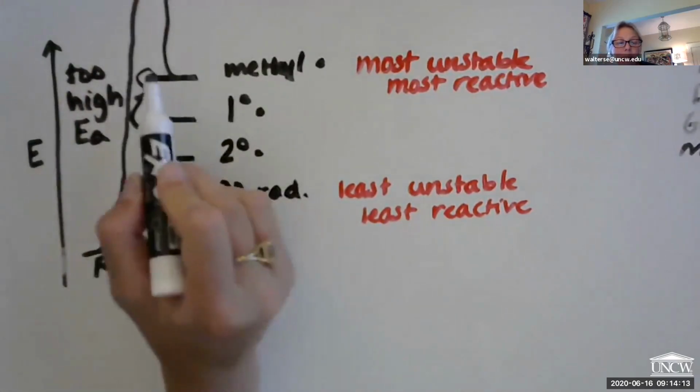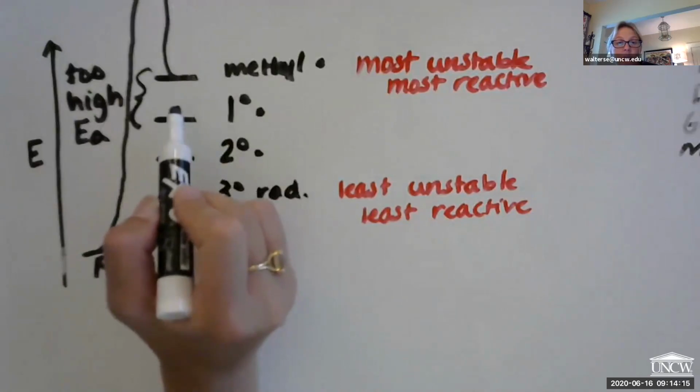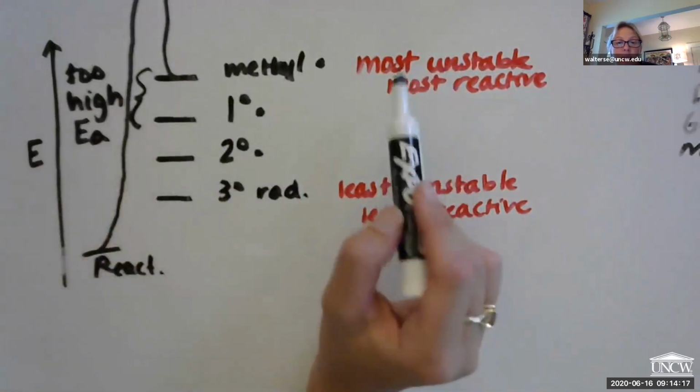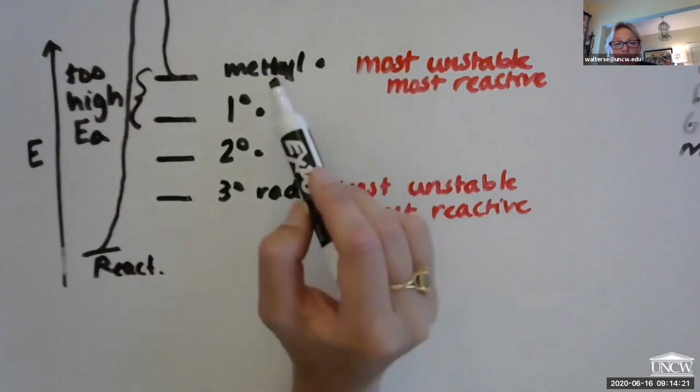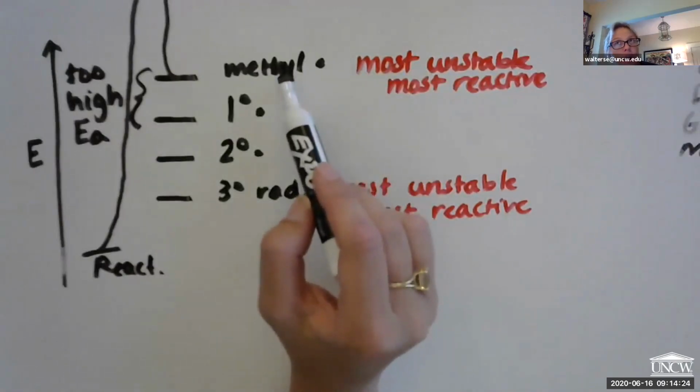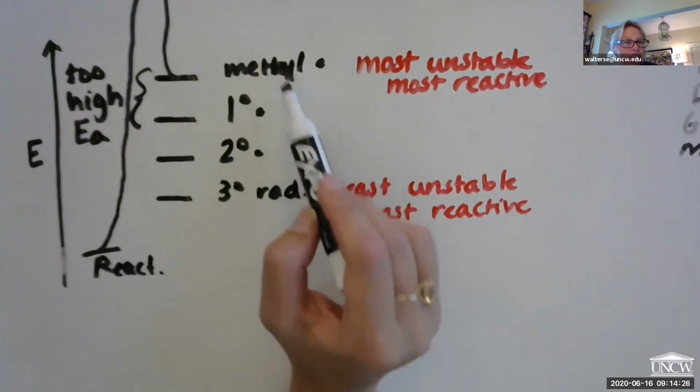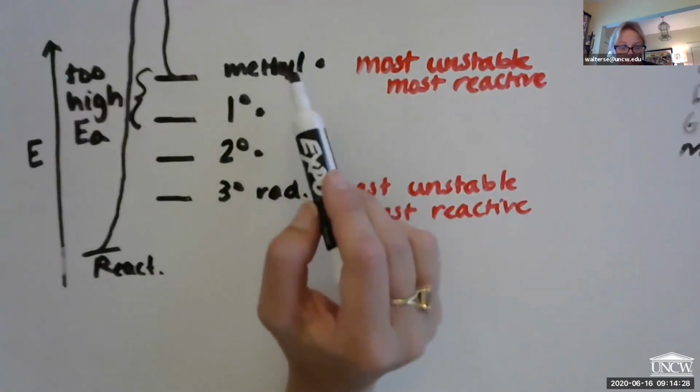So methyl and primary radicals aren't going to form. So saying that they're the most reactive radical is true. However, it's hard to make them, so they're essentially not participating in reactions anyway.